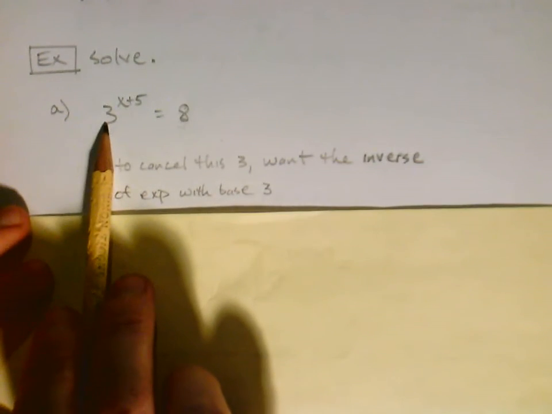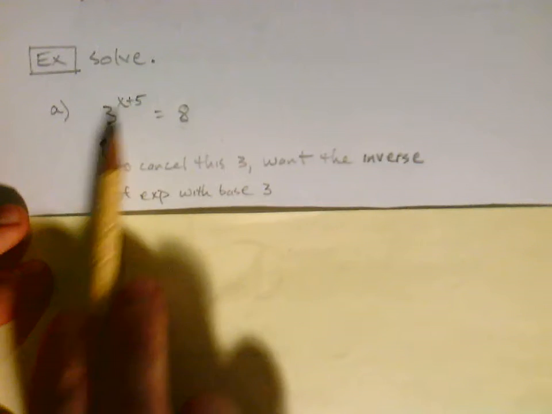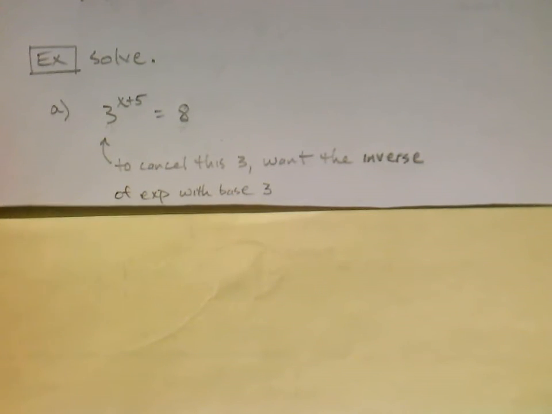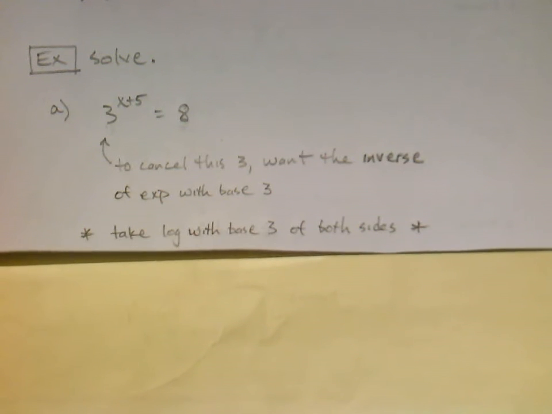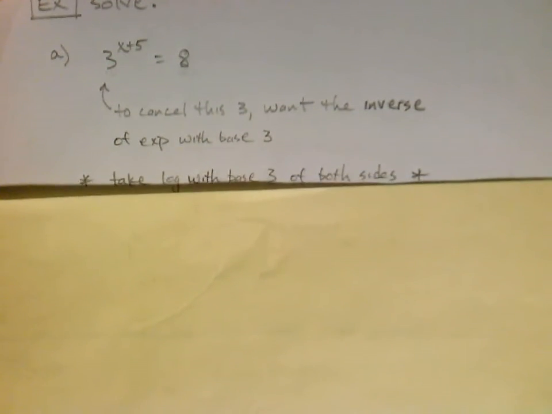Well, what is the inverse of an exponential with base 3? It's a logarithm with the same base 3. We are going to take the log with base 3 of both sides, and you're going to see that first property that we wrote up above in action.